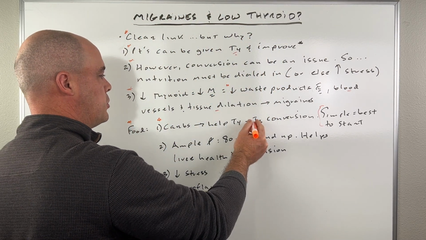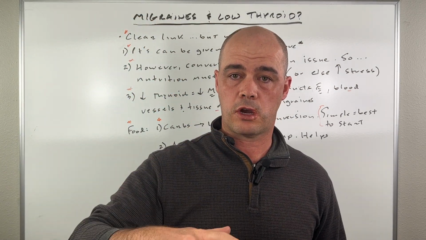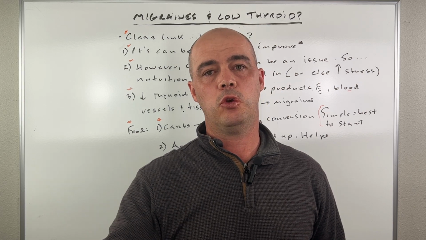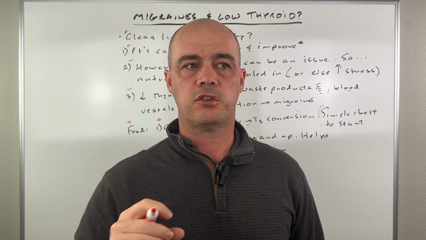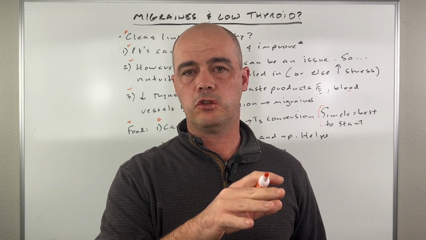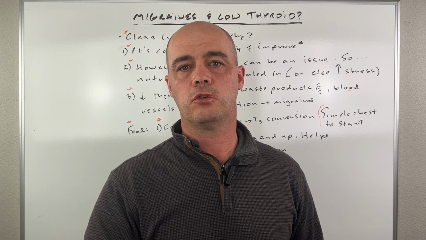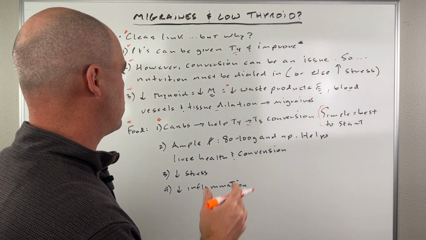It's not only going to help your T4 to T3 conversion in the liver, it's going to help lower those stress levels. Anytime you withhold carbohydrates, your body initiates a process to convert your fat and your protein, even if it needs to, into glucose essentially, but that's run off a stress-based system. So we want to avoid that.